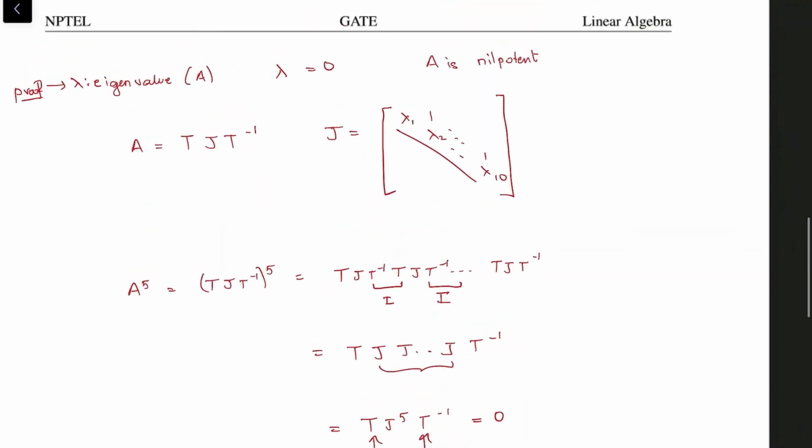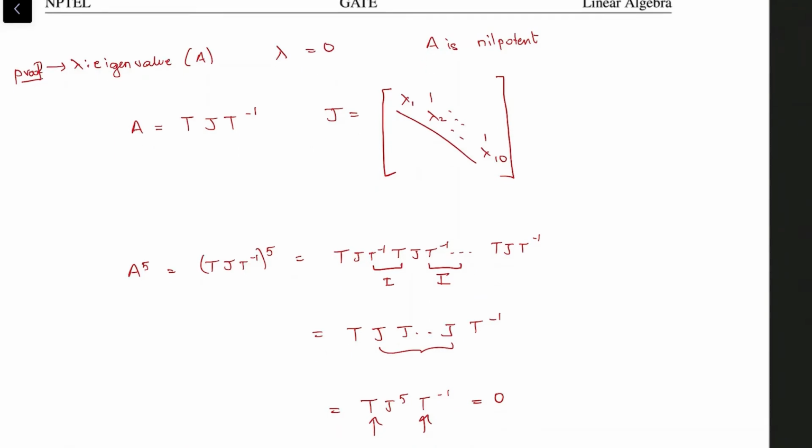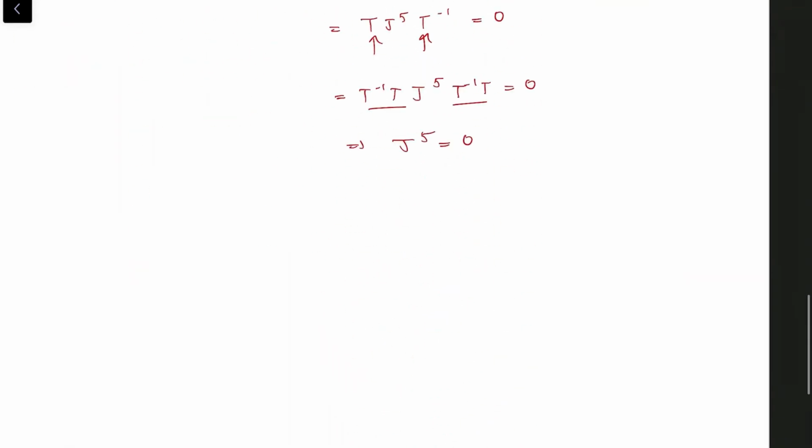Looking at this, if J is like that, what will J power 5 be? I'm only interested in the diagonal entries of J power 5. If you work it out, J power 5 will have the diagonal entries lambda 1 power 5, lambda 2 power 5, and so on till lambda 10 power 5.